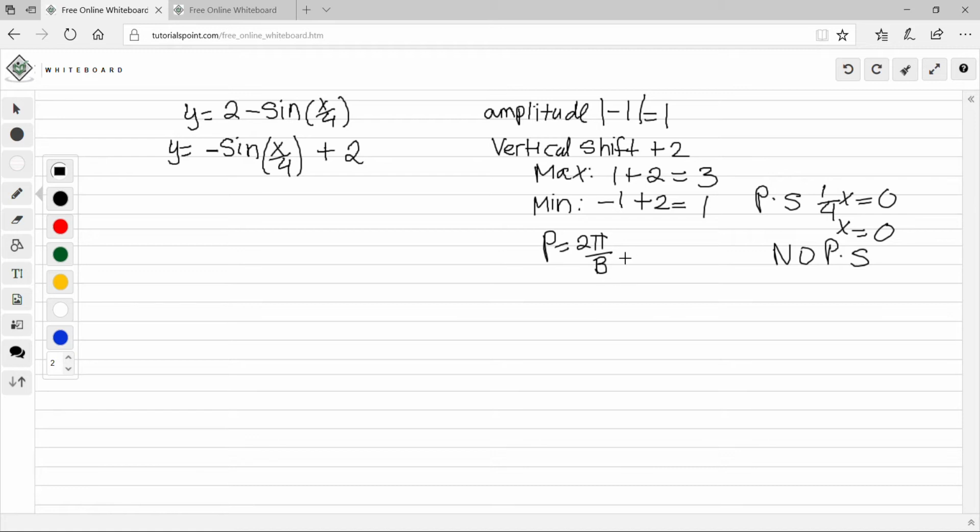So it's 2 pi, and our b is 1/4. There's an invisible 1, so that's how I got 1/4. And when you do the work, you can multiply everything by 4, and then you should get 8 pi.